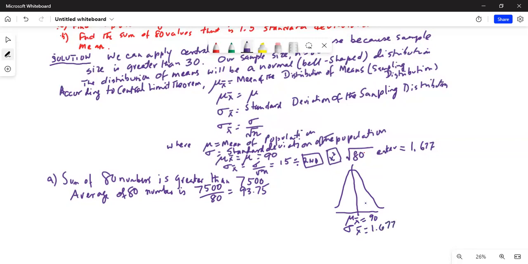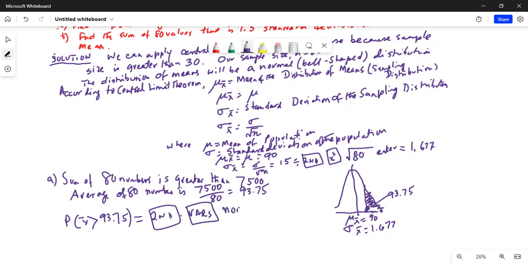We have located the mean greater than 93.75 on the horizontal axis, and we want to find this area. So we want to find the probability of x bar greater than 93.75.